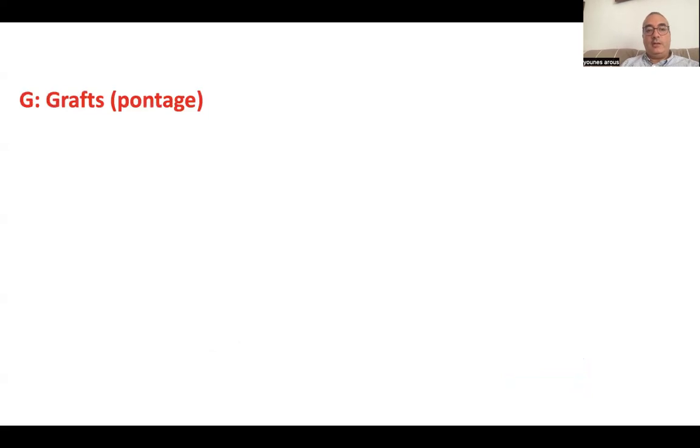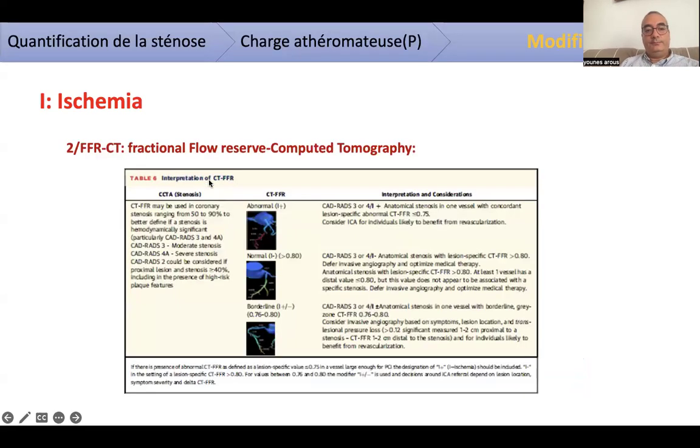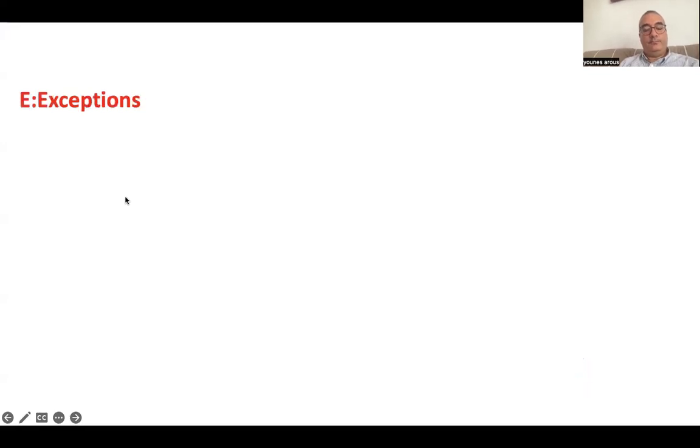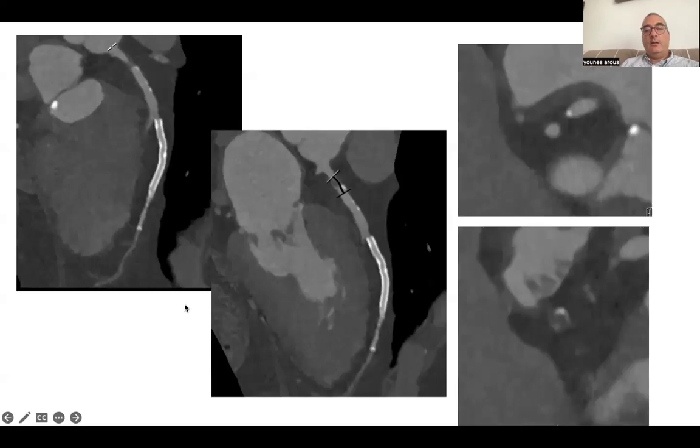We can also add G for graft, and as we see, I for ischemia. And for ischemia, we can assess it either by myocardial perfusion or FFRCT. For the exception, there is coronary dissection, anomaly of origin, aneurysm, vasculitis, coronary artery fistula, and other exceptions.